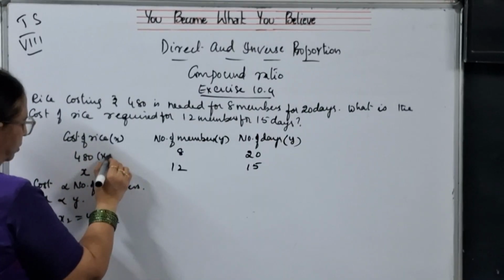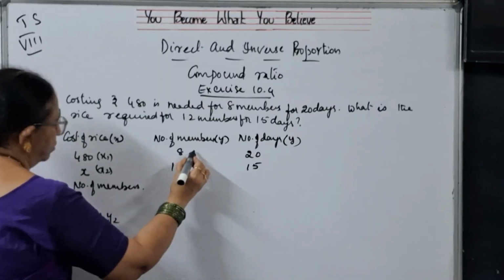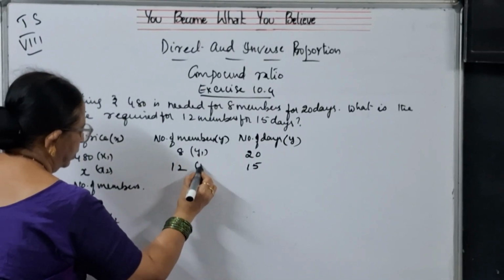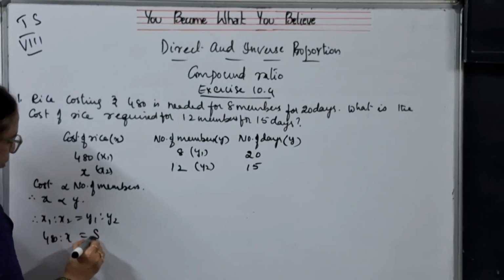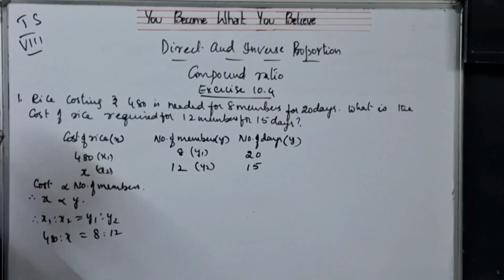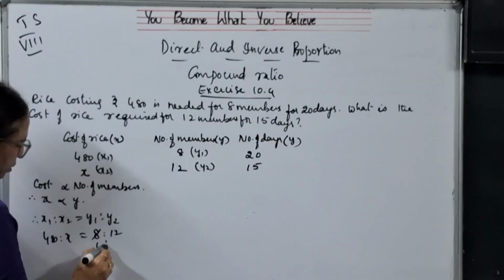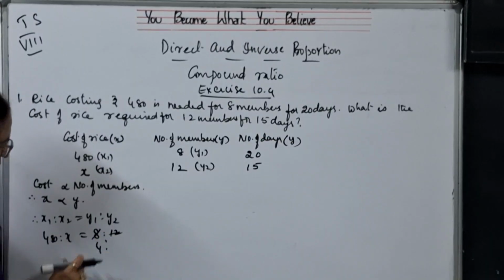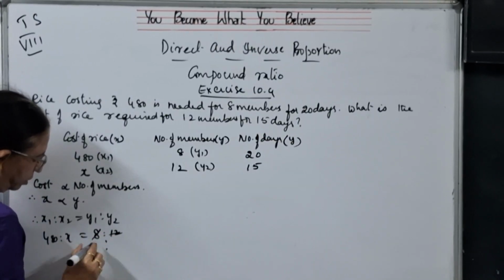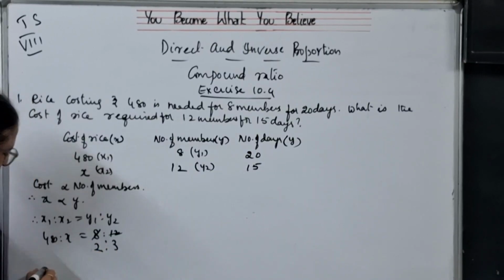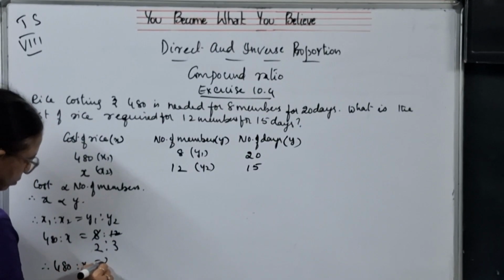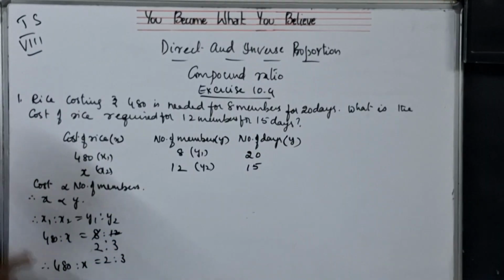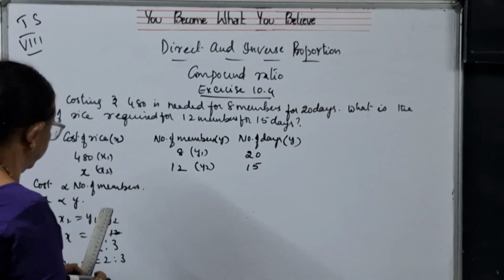So 480 is to x is equal to 8 is to 12. This can be written as 4 twos are 8, 4 threes are 12. Therefore, 480 is to x is equal to 2 is to 3. Okay, this is the first value.